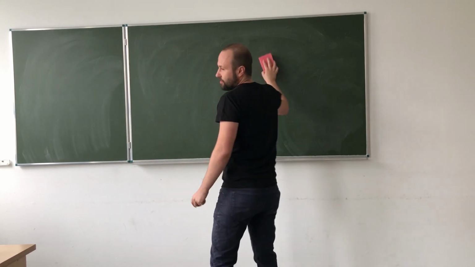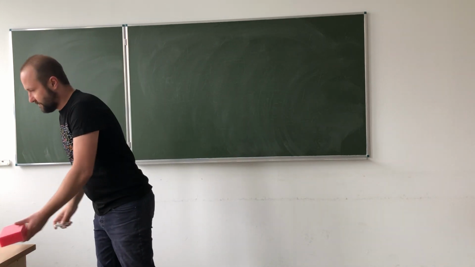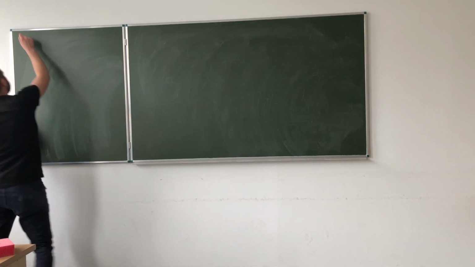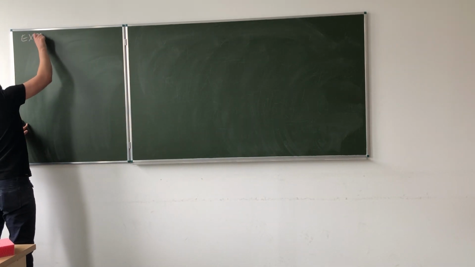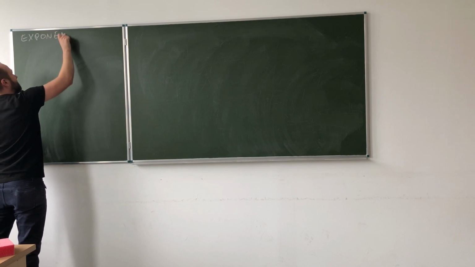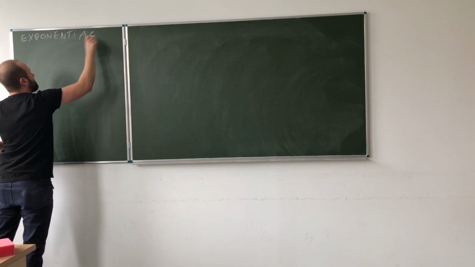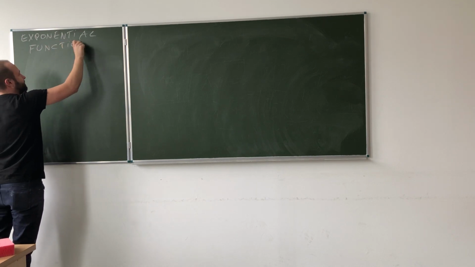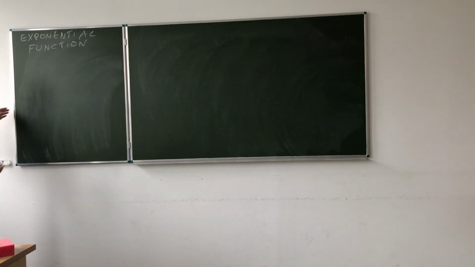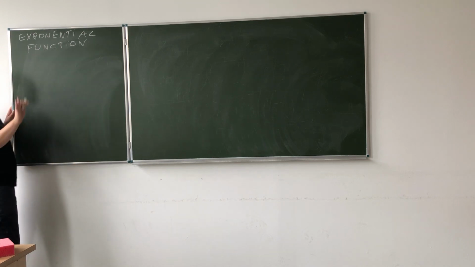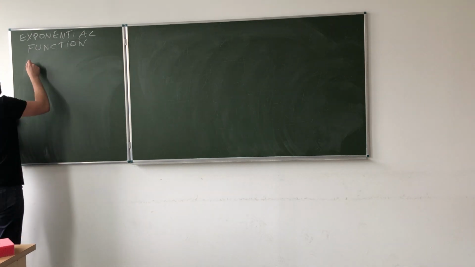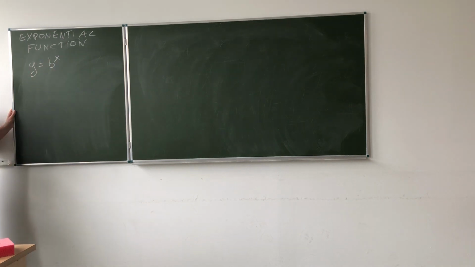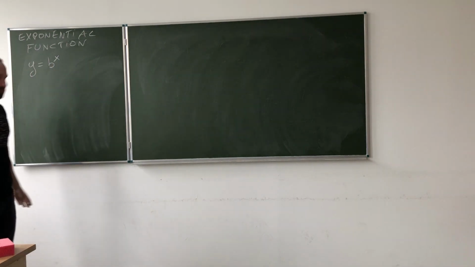So now let's go to exponential function. So exponential function has the general form of, let's take a specific form maybe first. y equals b to the power of x with the same restrictions we made before.